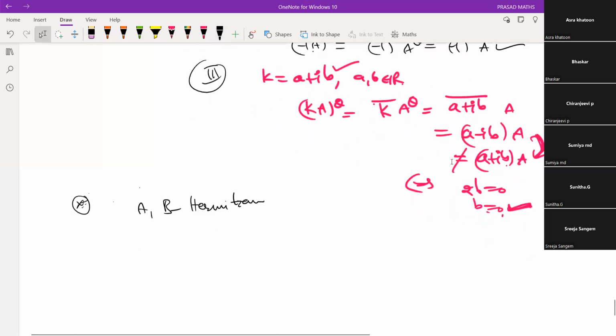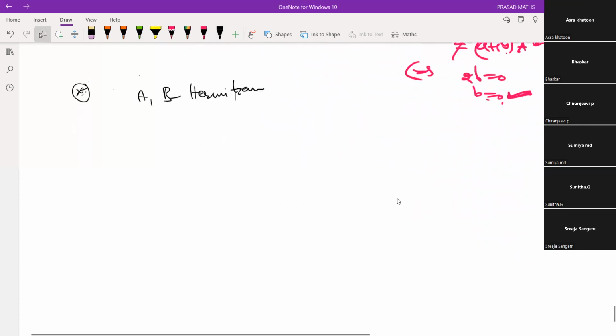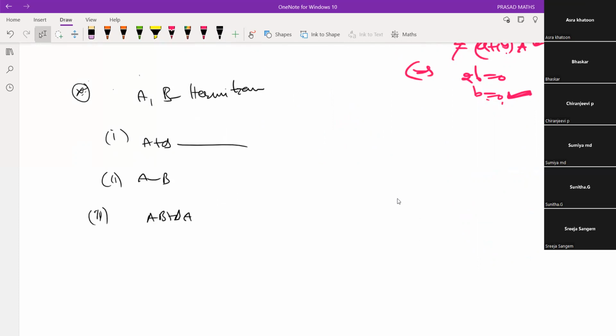The question is, does it mean that A plus B is Hermitian? Does it mean that A minus B is Hermitian? Does it mean that AB plus BA is Hermitian? Does it mean that A transpose, or else A theta, is Hermitian? Does it mean that AB minus BA is Hermitian?